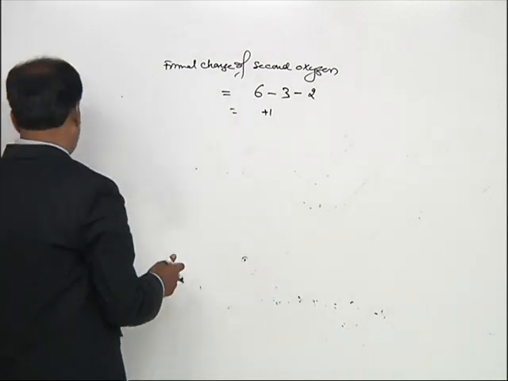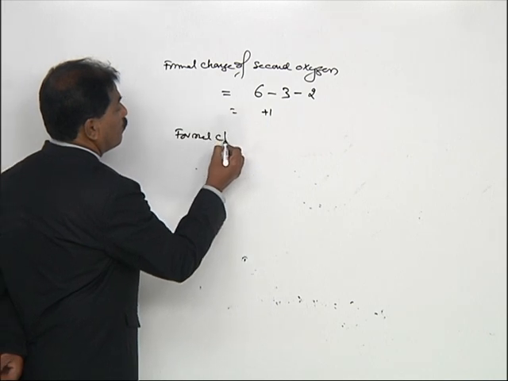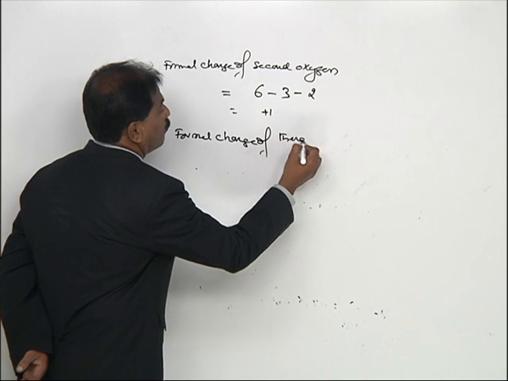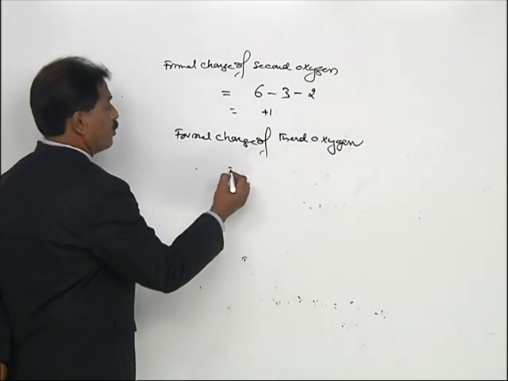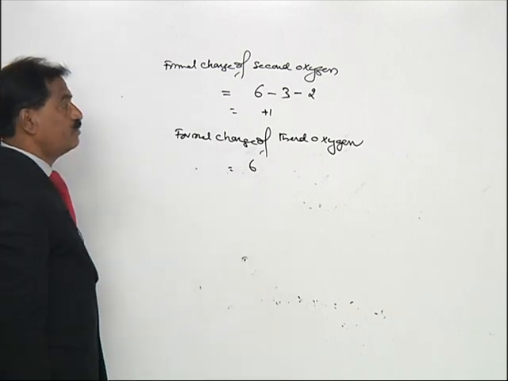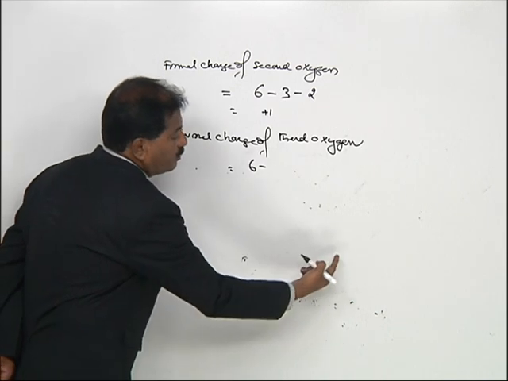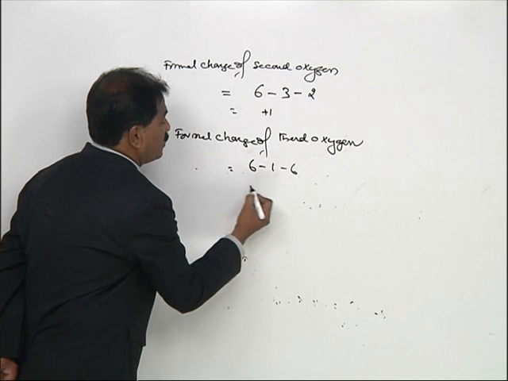Next, formal charge of the third oxygen. So, electrons in the free atom. Next, total number of electrons contributed for bond formation. Next, 6 electrons. So, minus 1.